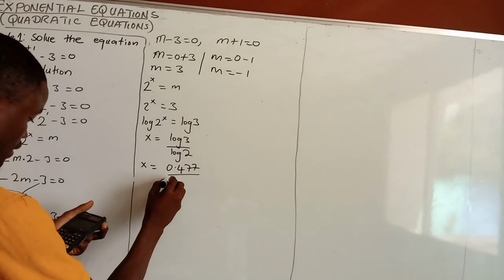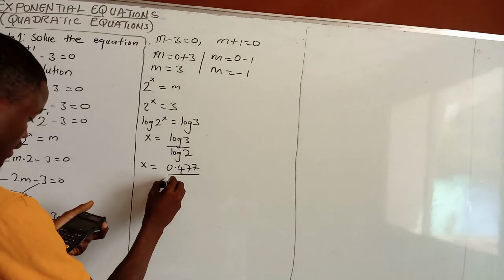So n minus 3 equals 0, equate, comma, n minus 27 equals 0. So n equals 0, you transpose plus 3, n is equal to 3. Then you say n equals 0, you transpose plus 27. So n is equal to 27.